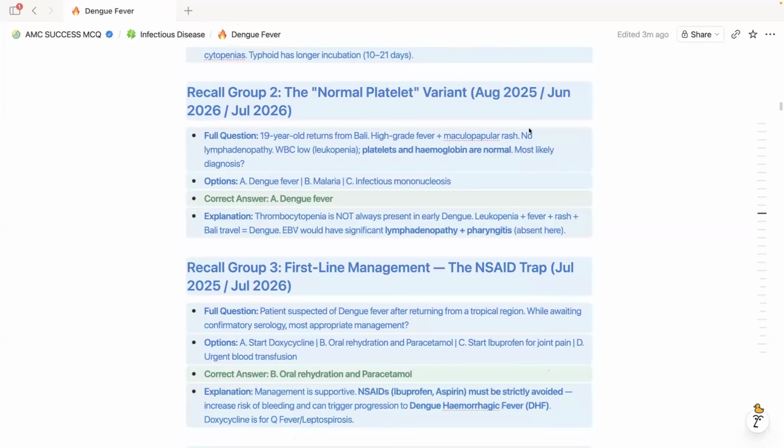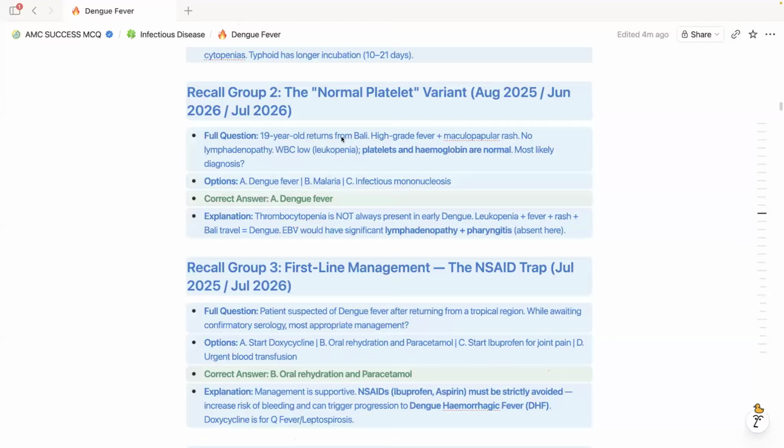The next question came in June, July, August. In 3 months, this repeated. A 19-year-old returns from Bali with high-grade fever, maculopapular rash, no lymphadenopathy, low WBC, leukopenia, platelets and hemoglobin are normal. Most likely diagnosis: dengue, malaria, infectious mononucleosis.